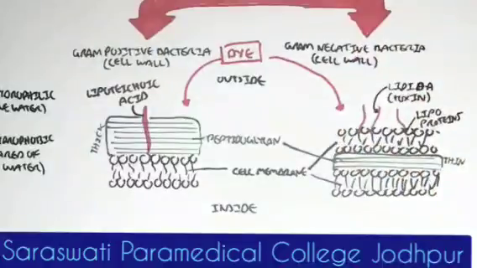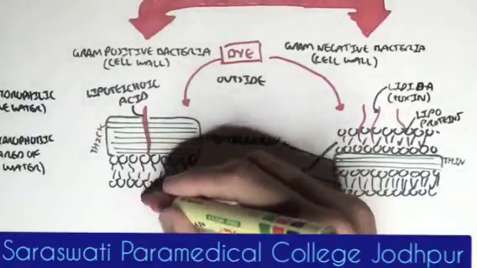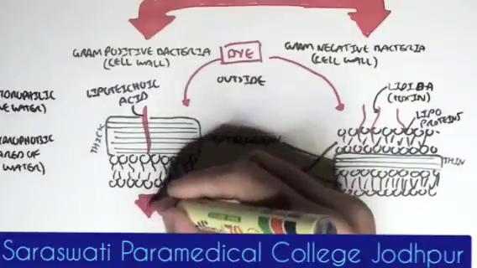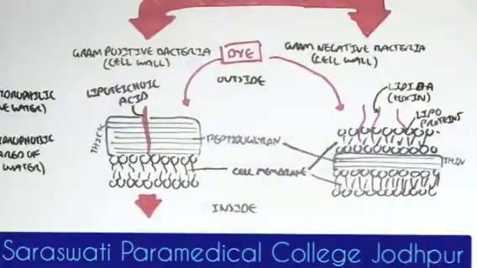So now, because of these different cell wall compositions, when we use dye, these bacteria, depending on what type of cell composition they have, will have a different color. The dyes used to stain a particular bacteria in successive order are crystal violet, and then we use iodine treatment, and then we decolorize it using alcohol, and then we use finally safranin.